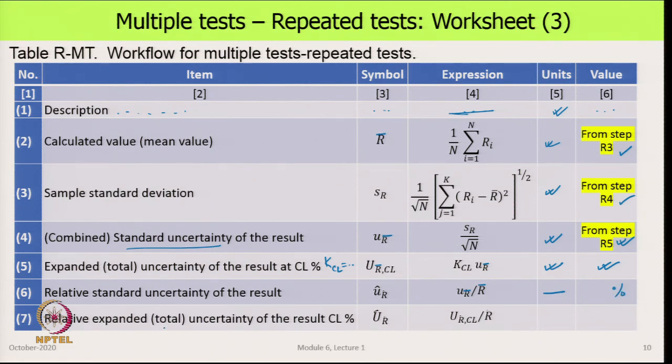And finally, the relative expanded uncertainty, or the total uncertainty, or just the uncertainty of the result at a certain confidence level, this is U hat, equal to K CL times u r bar divided by r bar, no units, again this is a percentage. So, this completes our analysis of multiple tests, repeated tests.